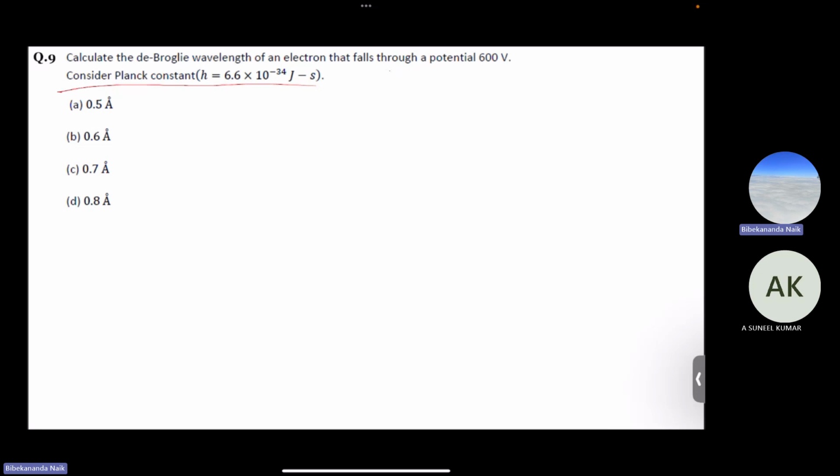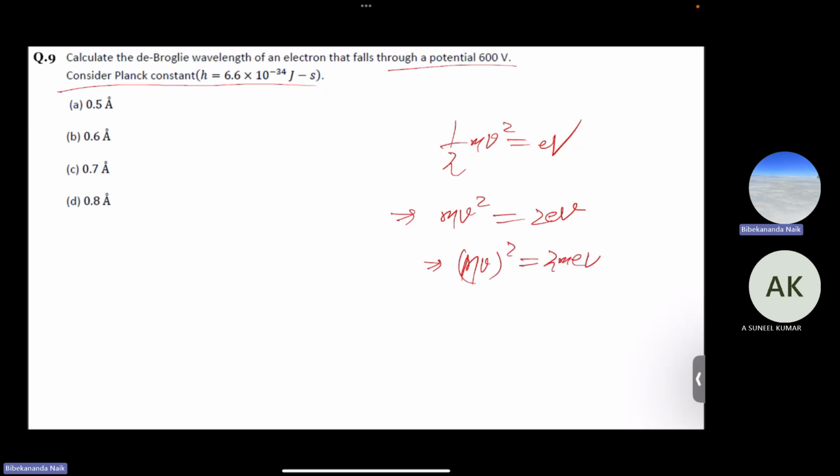Yes. So when an electron passes through a potential V, then the energy gained by the electron can be equated as half mv square equals e into V, where V is the potential. So mv square is 2eV, or if you multiply m on both sides, it will be m squared v squared equals 2meV.